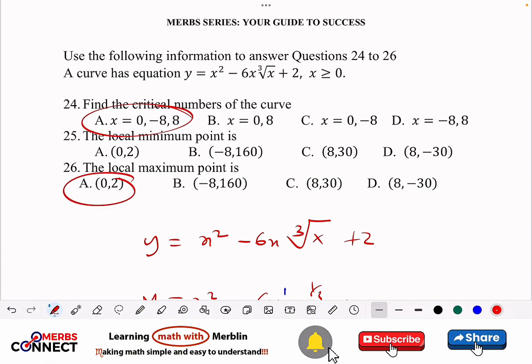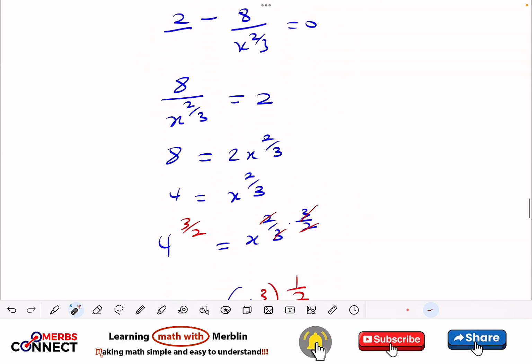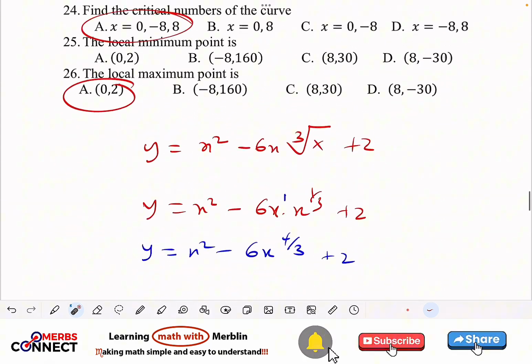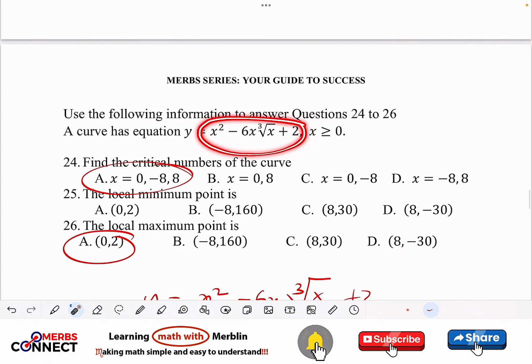Now for the local minimum, I need to plug these points inside the original function. So minus 8 and 8 inside the original function. Let me plug in 8 here. 8 squared is 64.